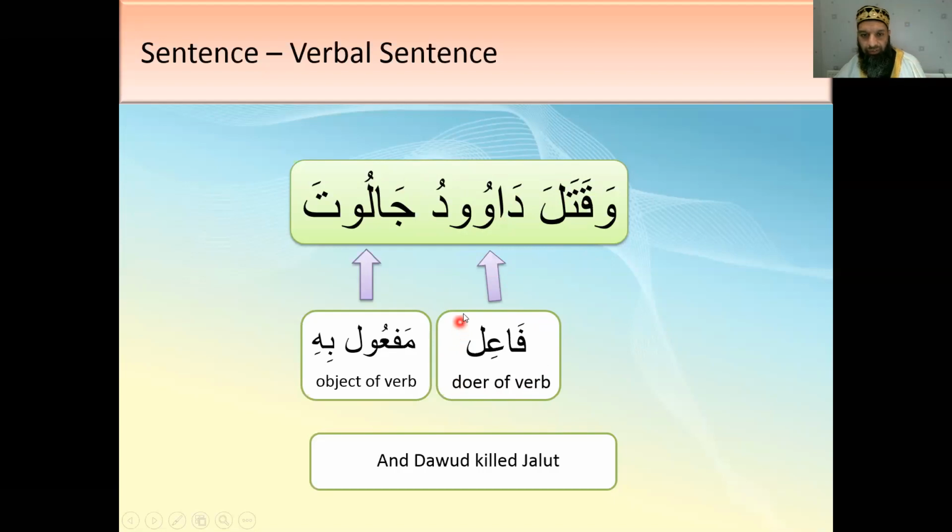Saying it for the sisters and brothers: the fa'il is who did the killing, and the maf'ul is the person the killing was done on. When I said the sister was Arab, I mean she's done some Arabic before. That's what I use her for in this class. Okay, good. So yes, the fa'il is marfu and the maf'ul bihi is mansub.